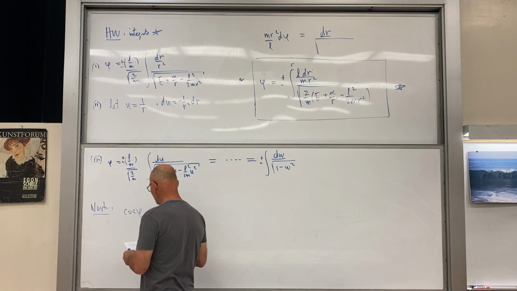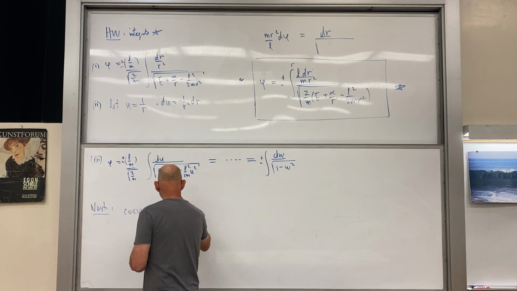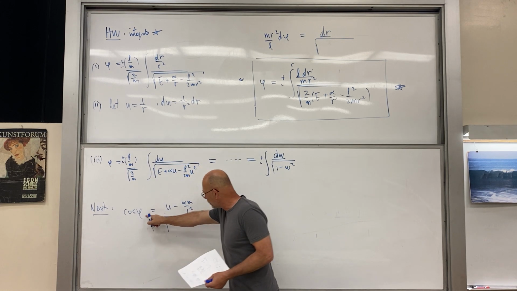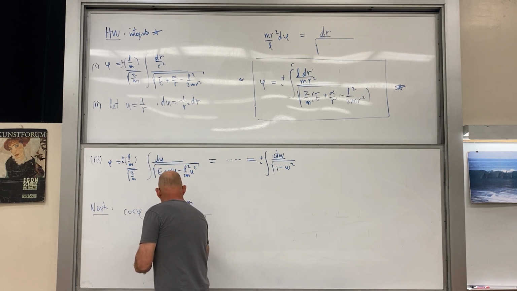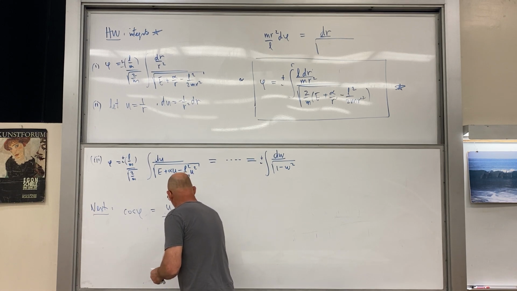You get cosine phi is equal to u minus alpha m over L squared, or you get phi equals inverse cosine of this, over the square root of 2emL squared plus alpha squared m squared over L to the fourth.